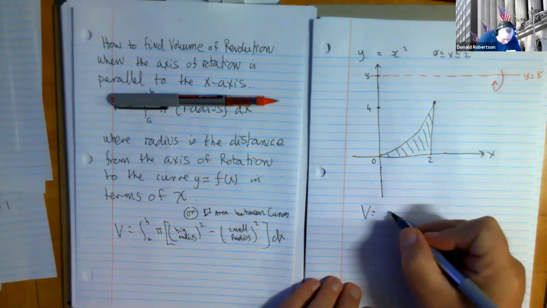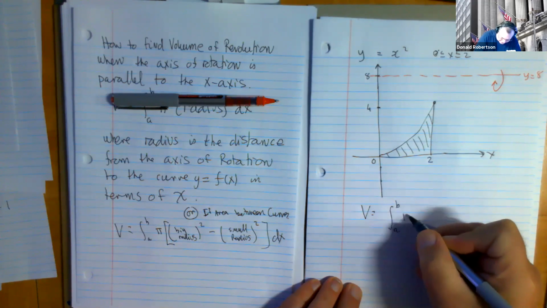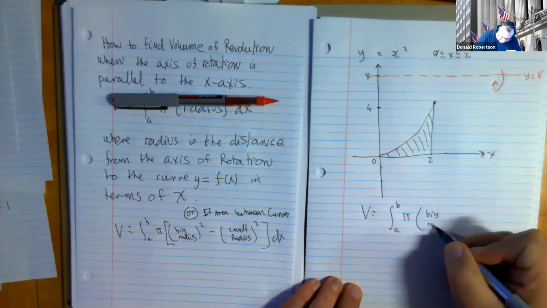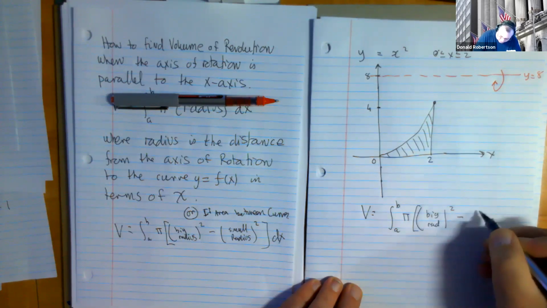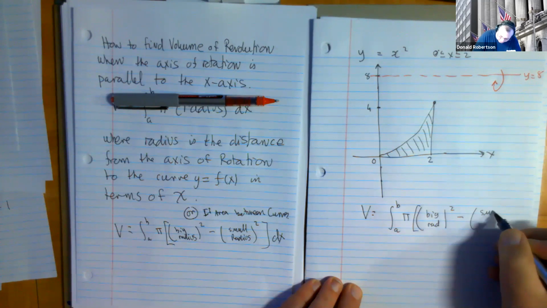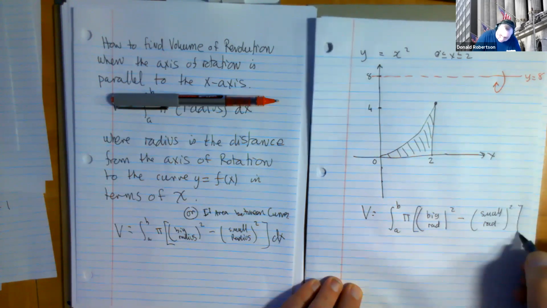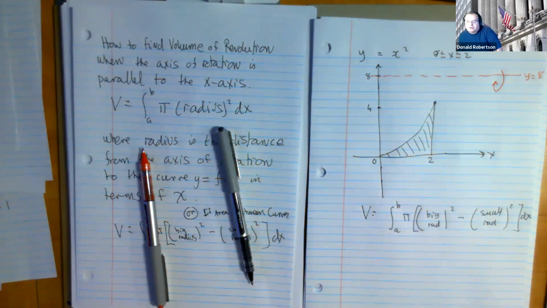It's going to be the integral from a to b pi, the big radius squared, take away the small radius squared dx. So you got your picture, and if you don't have one, you really need to draw one.